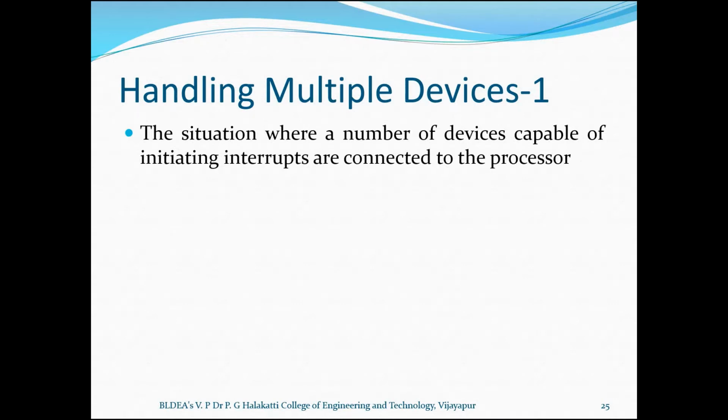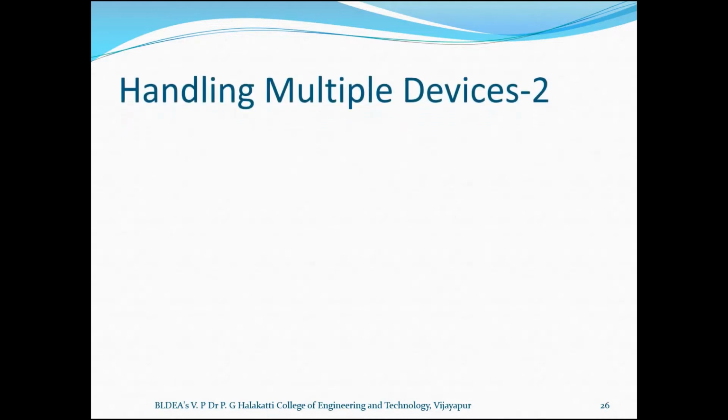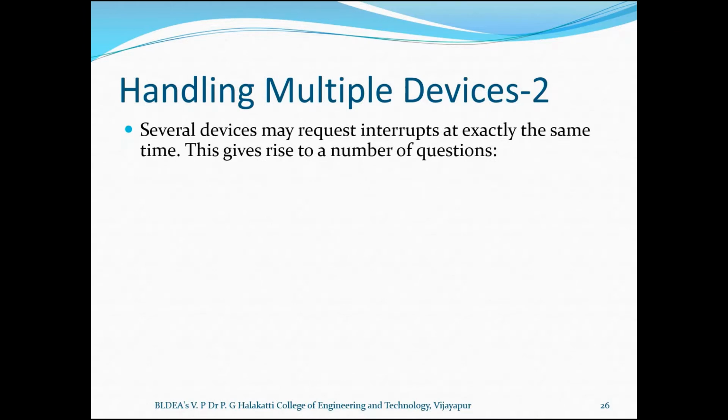In a situation where a number of devices capable of initiating interrupts are connected to the processor, say we have two devices X and Y which are going to make interrupt requests, there will be situations where several devices may request interrupt at exactly the same time.